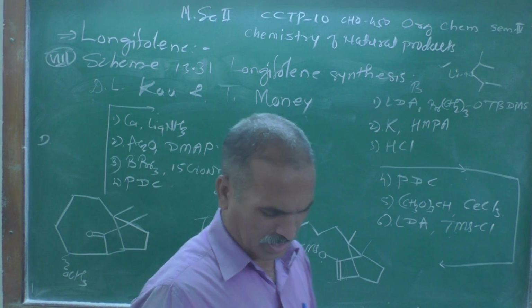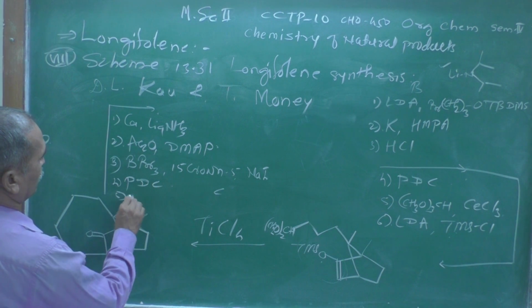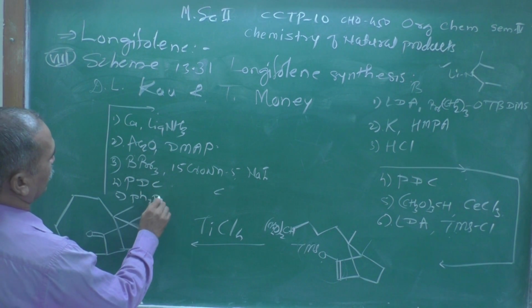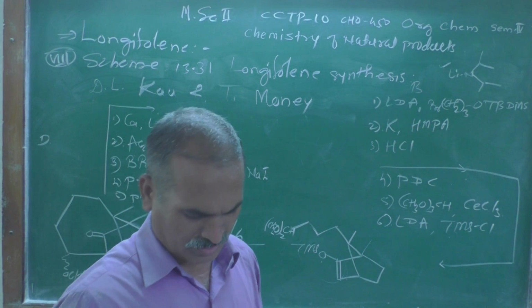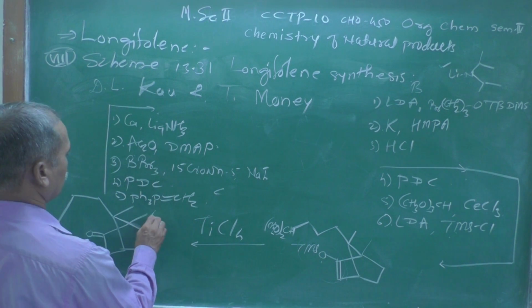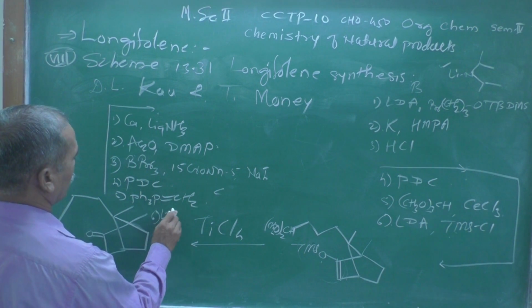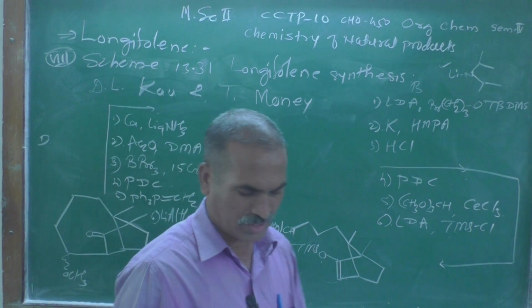Then fifth one is added as a Wittig reagent, Ph3P=CH2. That is a reagent. And sixth one is lithium aluminum hydride, LiAlH4.